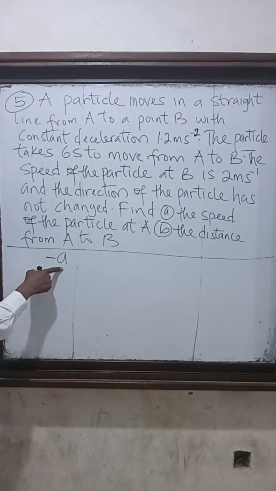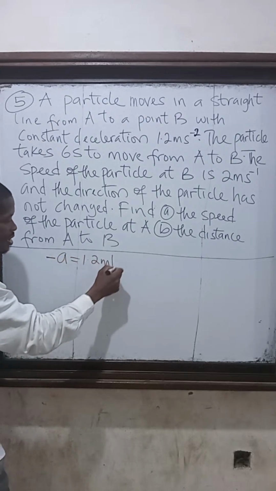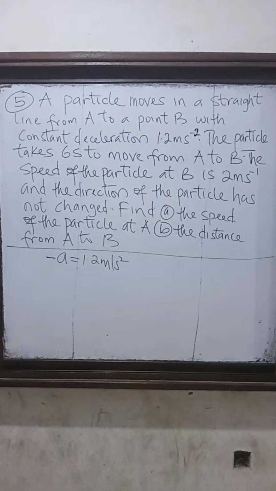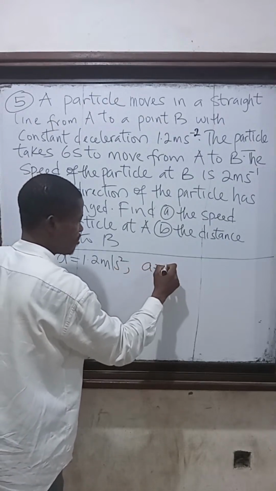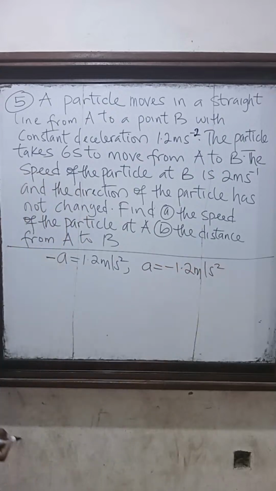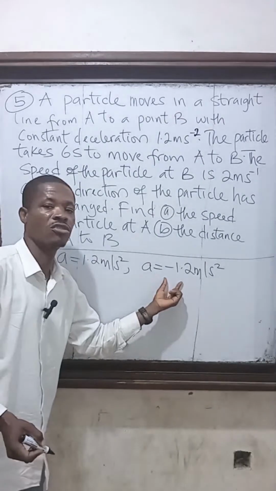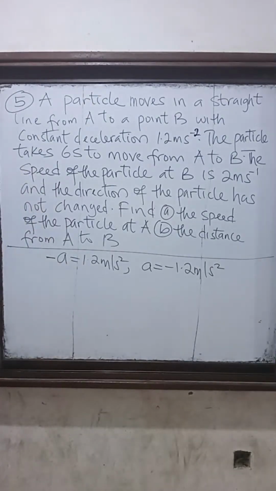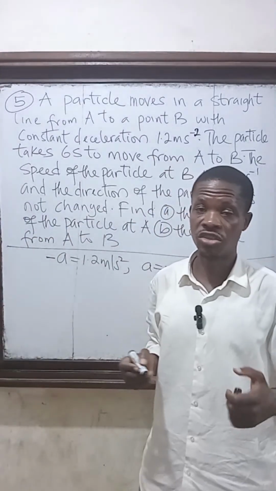We can write this as a equal to minus 1.2 meter per second squared. Just multiply by minus 1, then you have acceleration equal to minus 1.2. Negative acceleration is called deceleration.